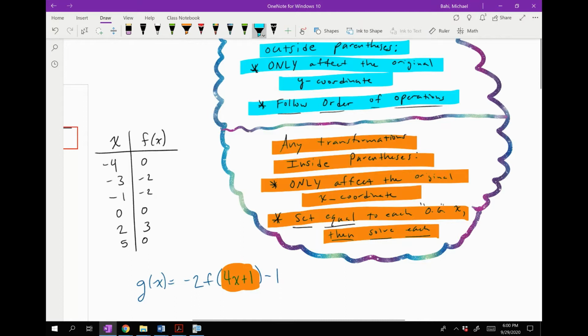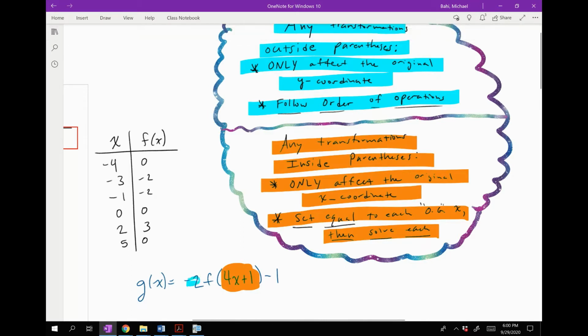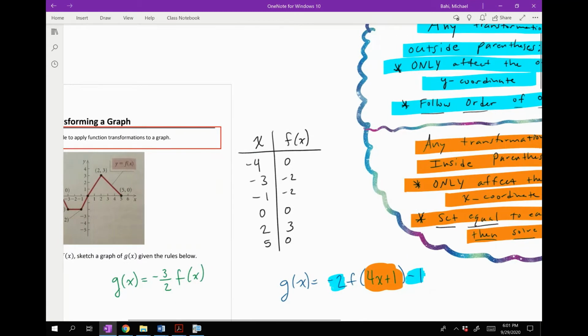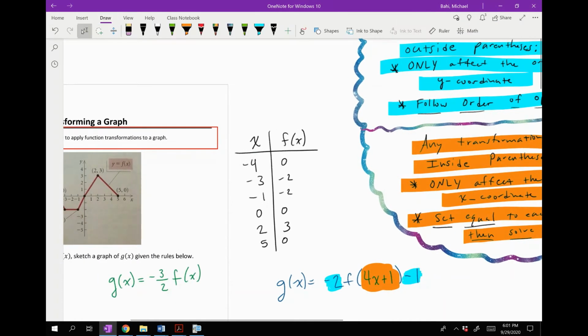Anything outside, so in this case I have a -2 right in front of f and then a -1 at the end, these in blue are only going to affect the y. For those you're not setting up an equation, you're just following order of operations.